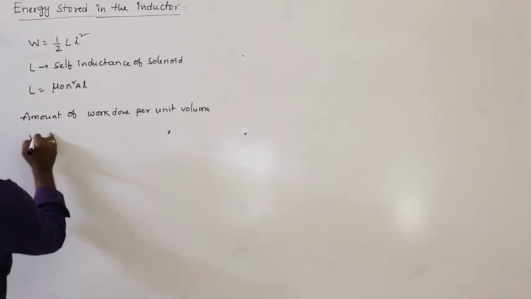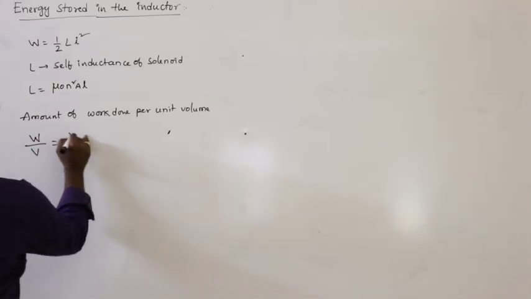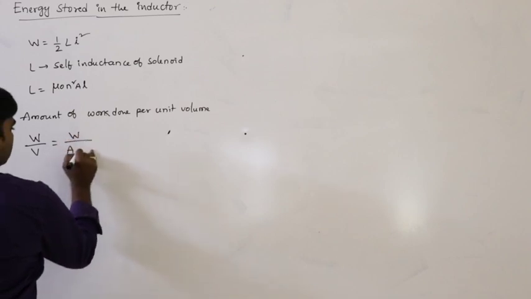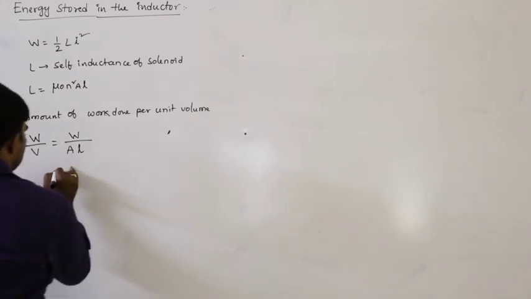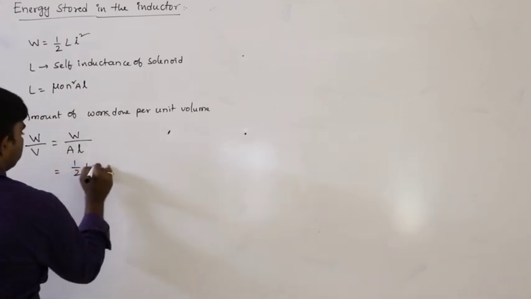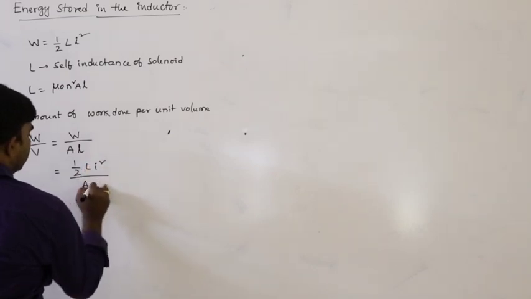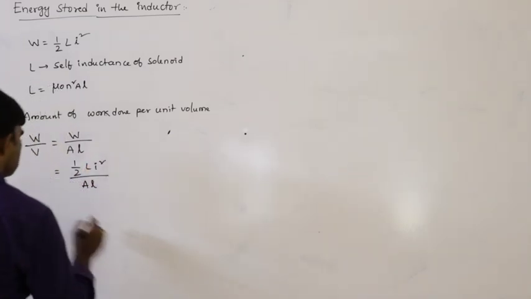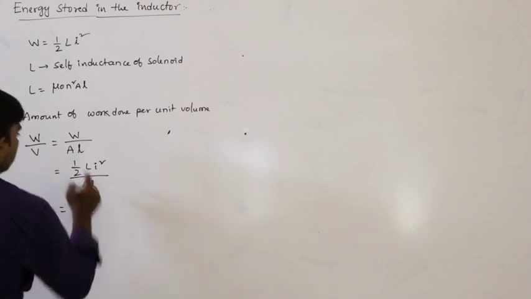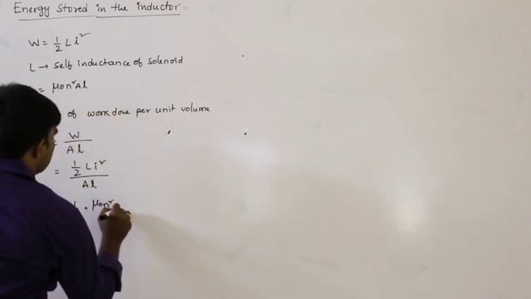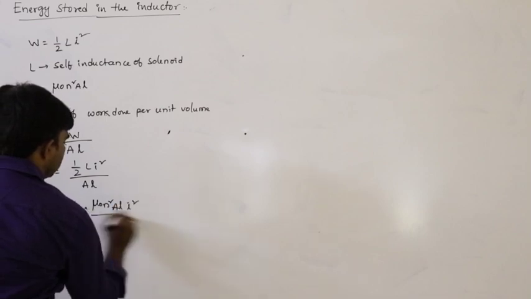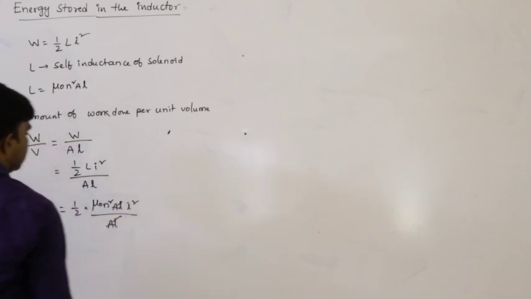That can be written as W by V. W by volume, where volume is the area of cross section into the length of the solenoid, is equal to half L I square divided by A l. What is L here? Mu naught n square A l into I square divided by A l. A l gets cancelled.